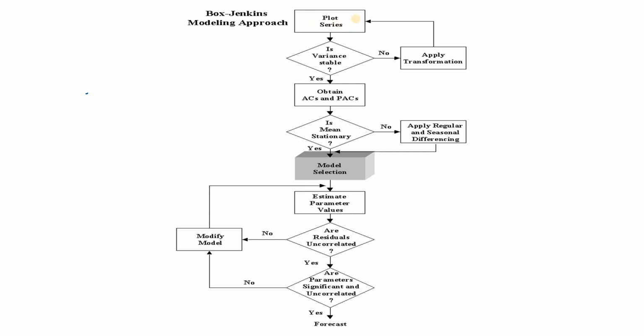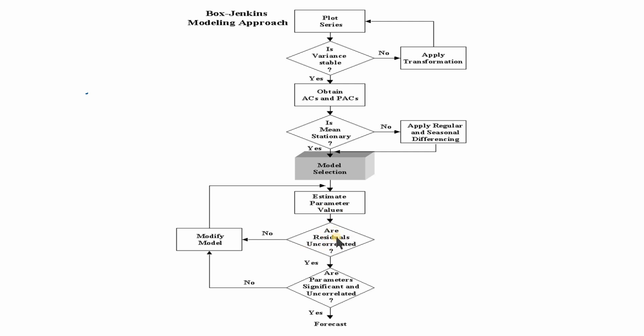The first step is we plot the time series and then we check the stationarity of the data in terms of the variance and then in terms of its mean, and then we identify the tentative models. From that we check whether the parameter of the model is significant, and then we check the residual of the model, is it uncorrelated.